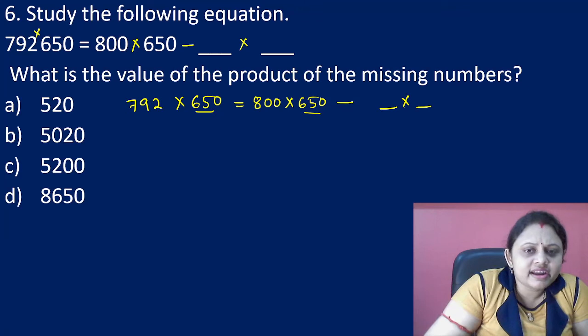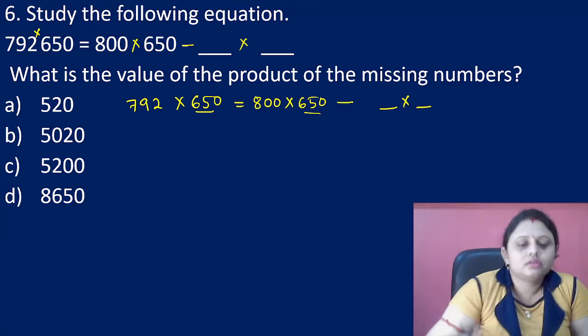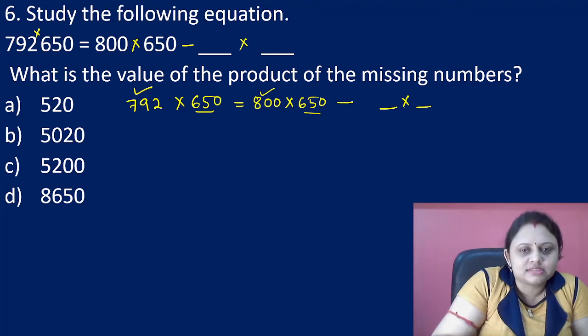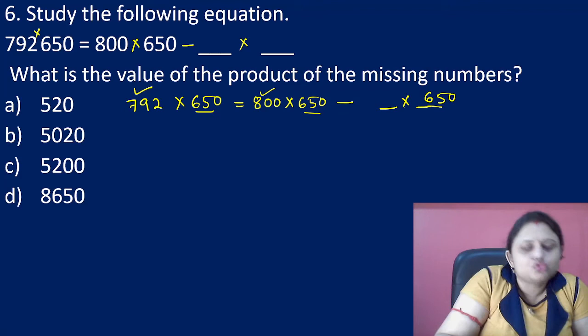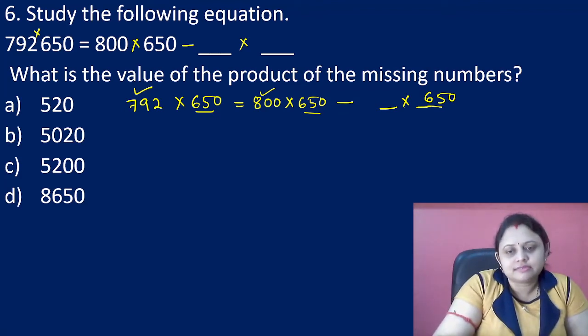Here 792, here 800. So this is a method. See, 792 into 650, here 800 into 650. So here 650 should be present.